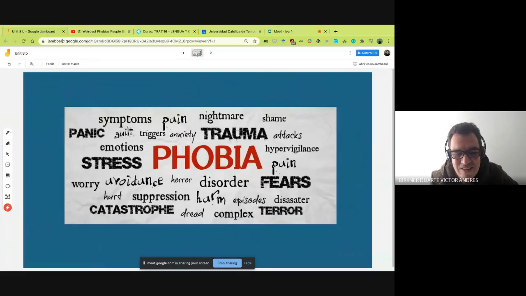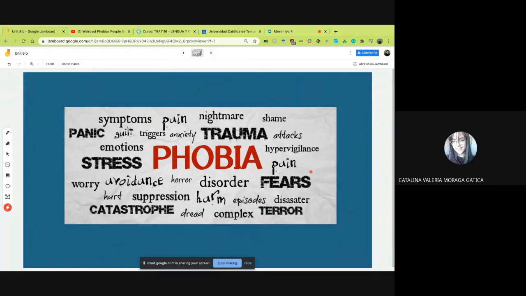And do you feel some of these symptoms which are here? I feel most of all panic and worry, and there's one symptom that I don't see there, and that is that I feel disgust.